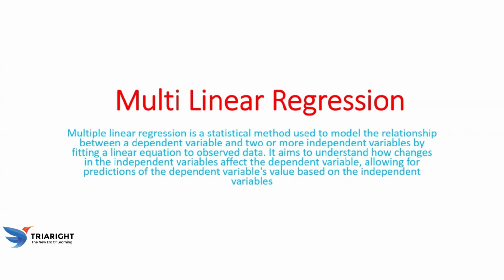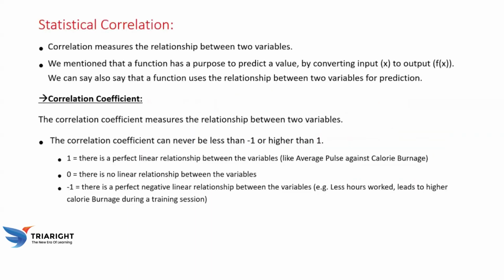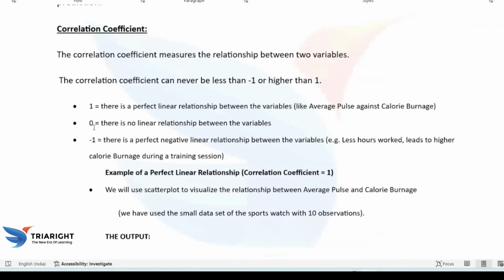So in it we have the statistical correlation method, and we have perfect positive relation, perfect negative relation and no relation. The values we see are 1, 0, minus 1. Here 1 is a perfect linear relationship between the variables.